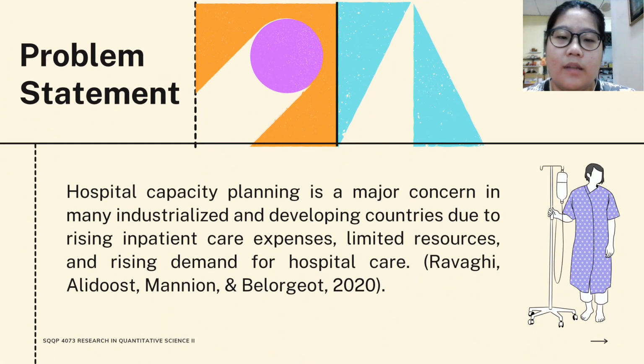Next, for the problem statement of the research, hospital capacity planning is a major concern in many industrial and developed countries due to rising inpatient care expenses, limited resources, and rising demand for hospital care. This study was conducted to identify the utilization of hospital beds and the factors that affect it.